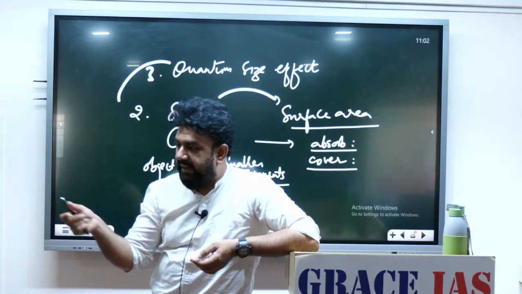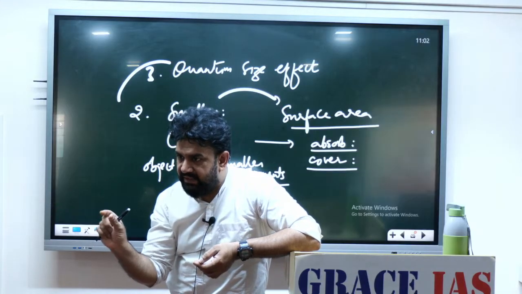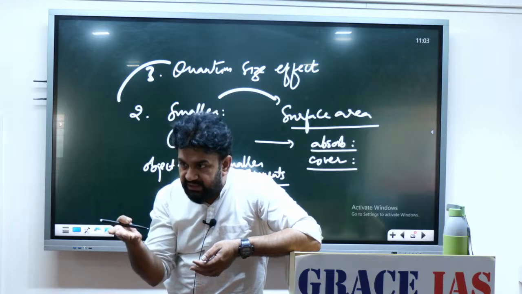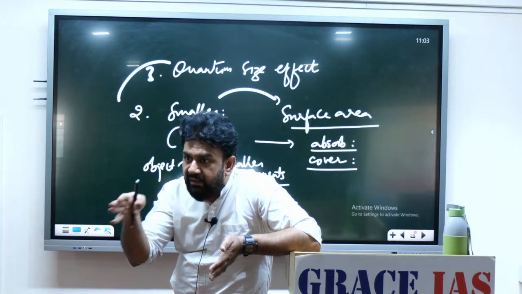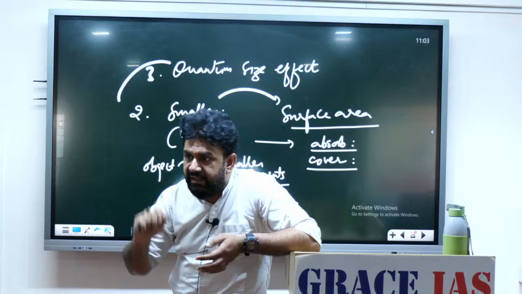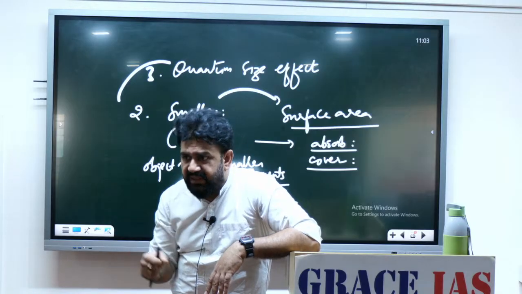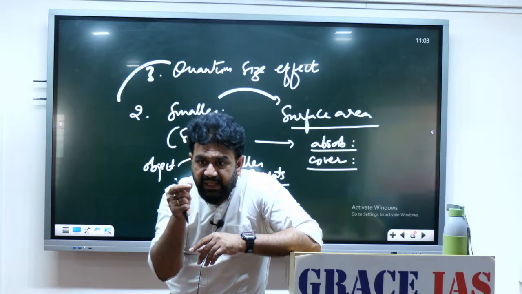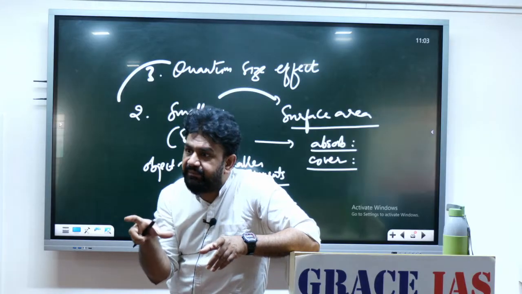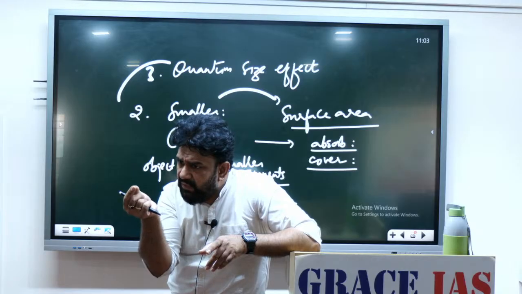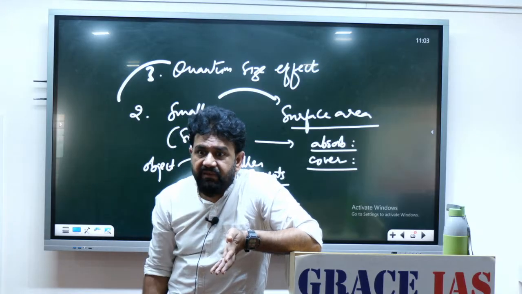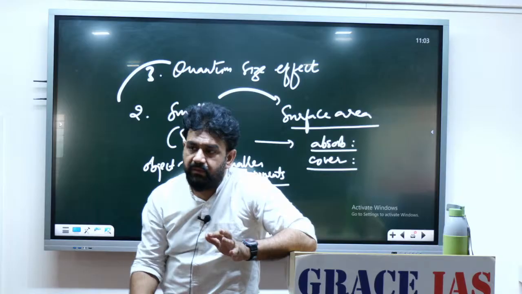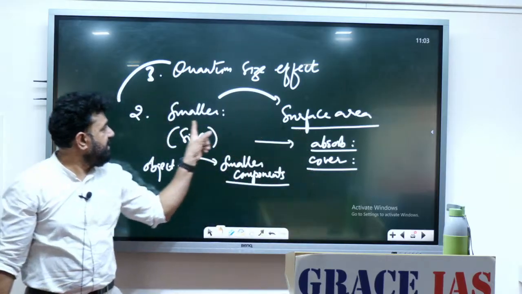A goldsmith will melt a certain quantity of gold and take a brush-like structure and apply the coating on the silver plate. But if you have a machine which can use 1/100th of the quantity of gold, convert it into nano particle size and spray it, very little gold can be used to cover the surface of the silver plate. Yes or no? So what is the meaning of that?